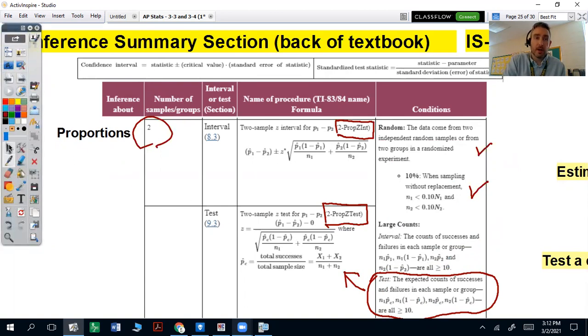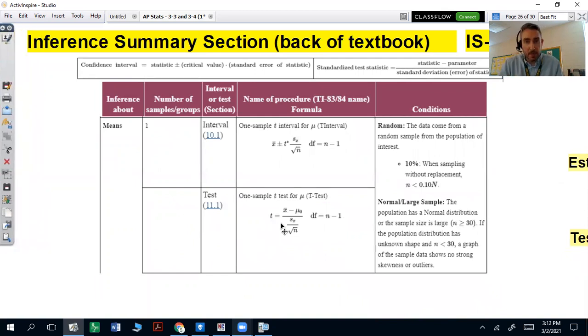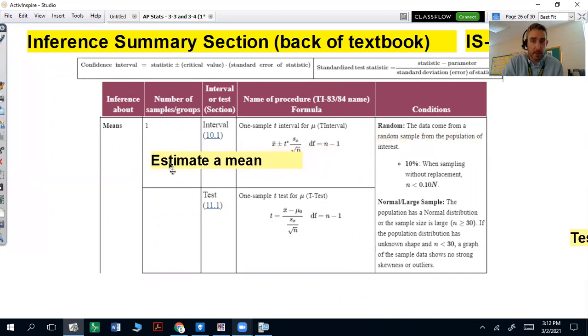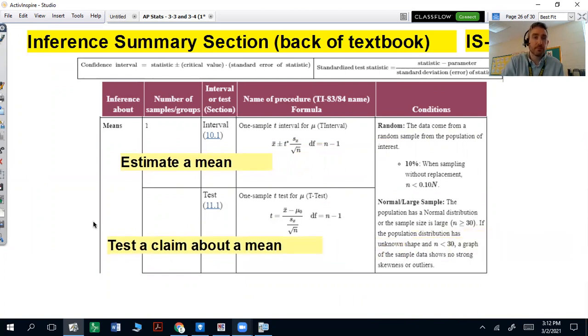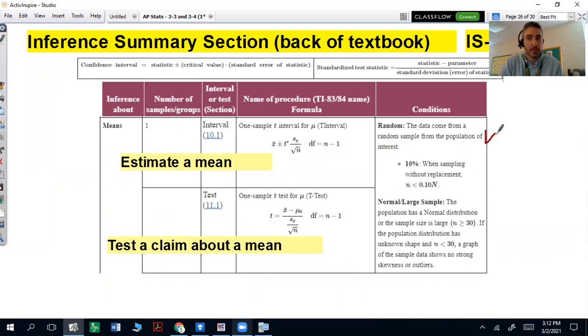What we learned this unit so far was doing the same thing but with means. So again, for intervals, you want to estimate a parameter, estimating a mean, versus testing a claim for a test. And your conditions for them are random, 10%, and normal or large samples.